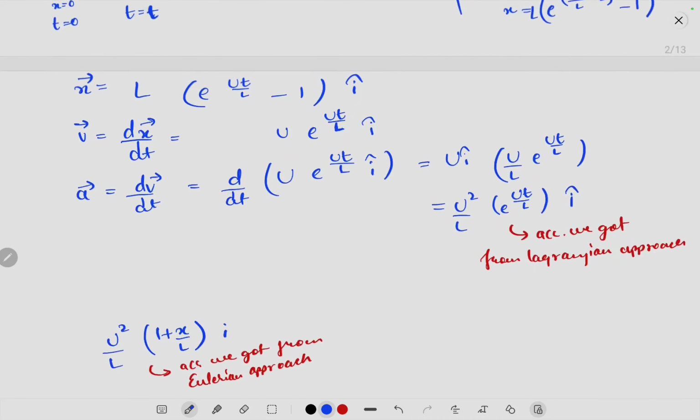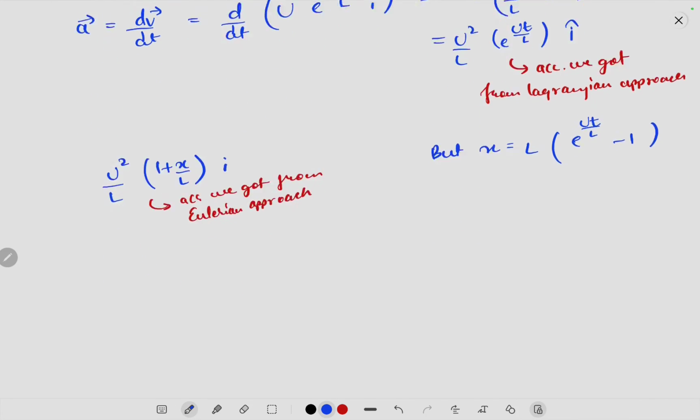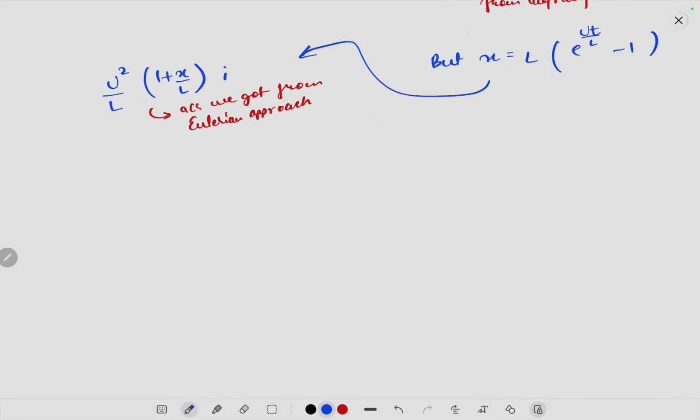So we just found that x is equal to L times (e to the power ut by L minus 1). Just plug this x here, you will get u square by L times (1 plus 1 by L times (L e to the power ut by L minus 1)).